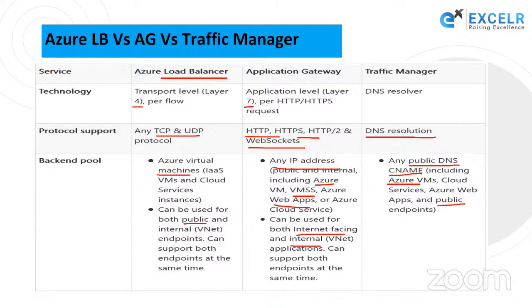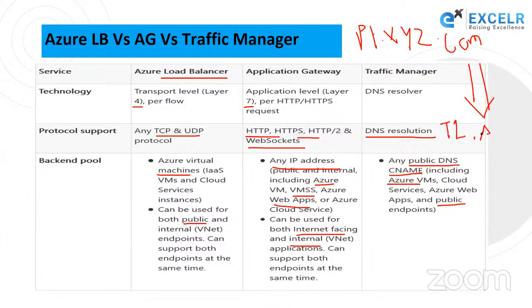Something like this: you have a domain like p1.xyz.com, and you want to send the traffic to something like t1.abc.com. If you want to map this, then you have to use a CNAME. This is going to map one subdomain to another subdomain for routing the traffic. You will hit this domain, but you will actually land on that domain by using this CNAME. So this is how the CNAME works.